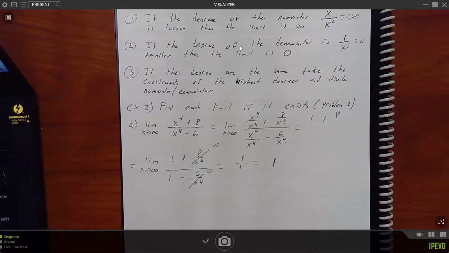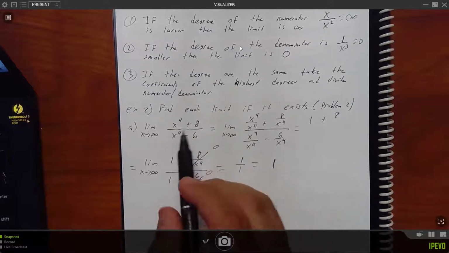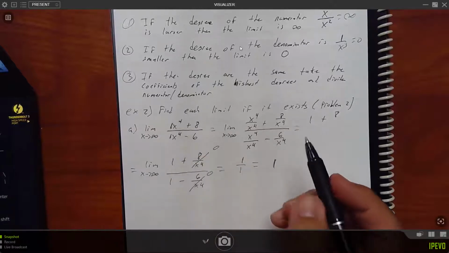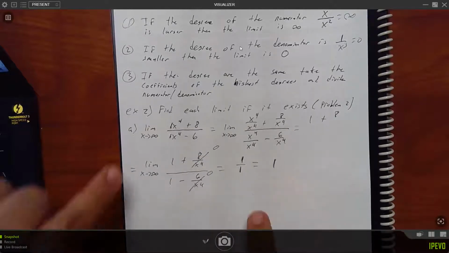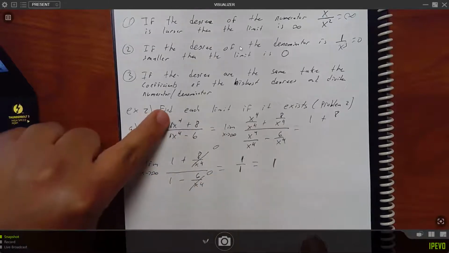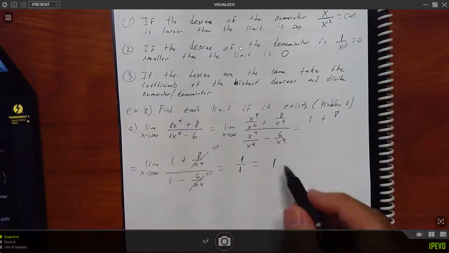Does that make sense? Yes, sir. But technically you can avoid this work if you look at the two biggest numbers right here and divide them. So you go straight to 1. If this was a 2 and a 3, then this would be 2/3.